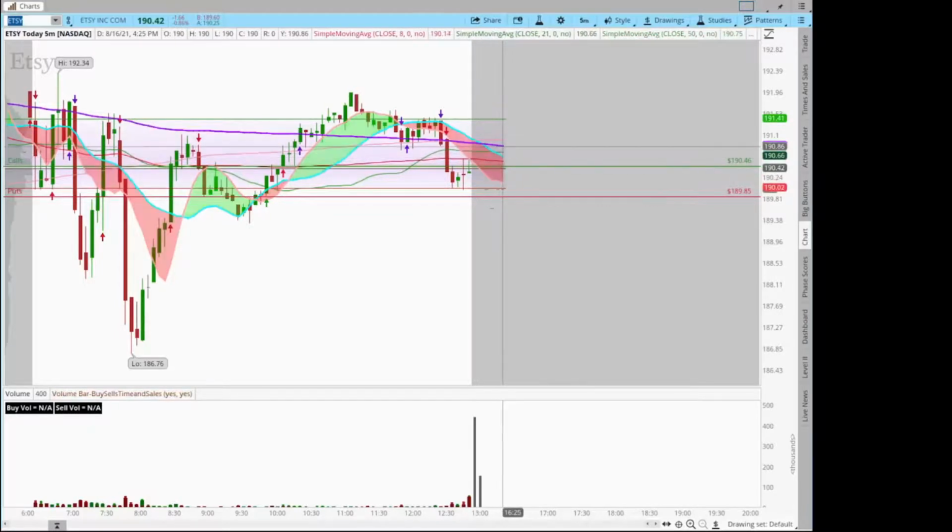We got all three moving averages stacked right on top of each other, really, really flat coming into close. Very similar to how Facebook and Apple were going into today. But you can see at open, you got the 200 up here, you got the 100 and the 50 kind of on top of each other here. And you can see as the price action does what it does, you get a lot of rejections at the 200.